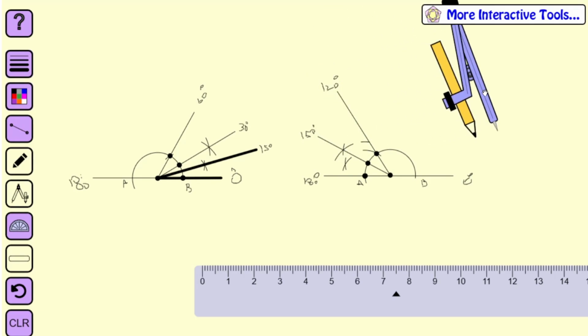I'm going too fast. Slow down the video. All right. Then you draw your line through the intersection right here. And this is 165 degrees.